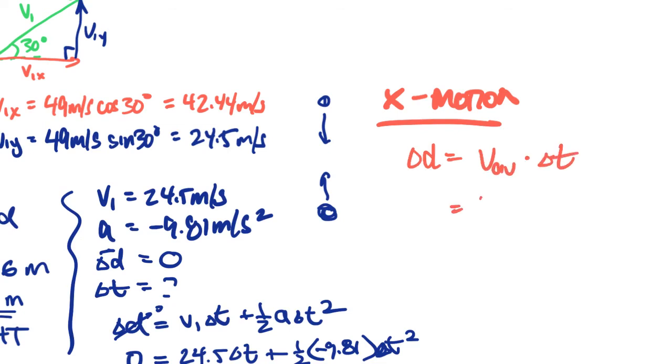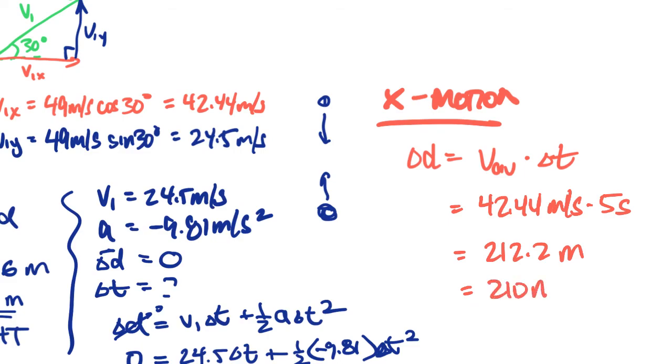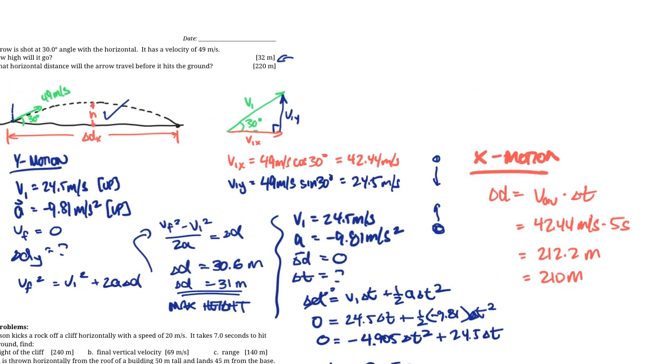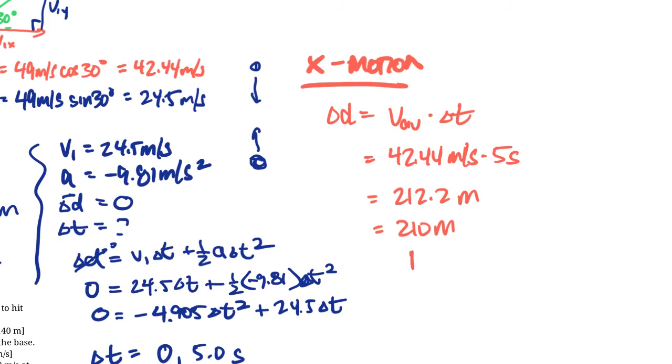In this case, our average speed is 42.44 meters per second in the X direction times 5 seconds, which gives us 212.2 meters, or rounding to two significant figures, about 210 meters. Again, the answer on here is a little bit off, I think due to rounding. It should be 210 meters, not 220 meters. So there we go. Let's label this: this is the range of the projectile.